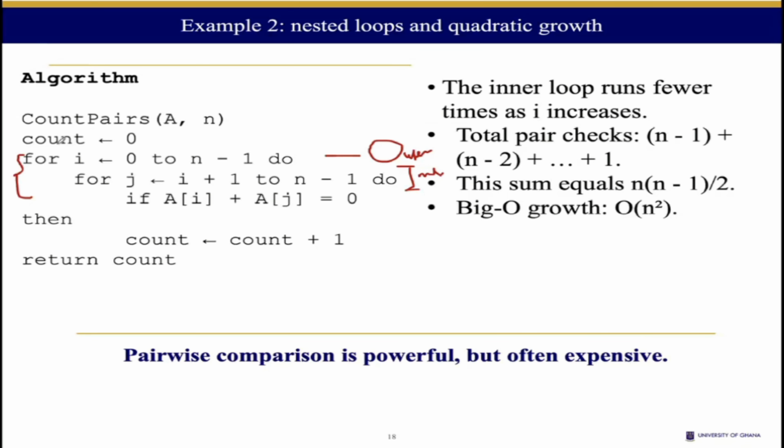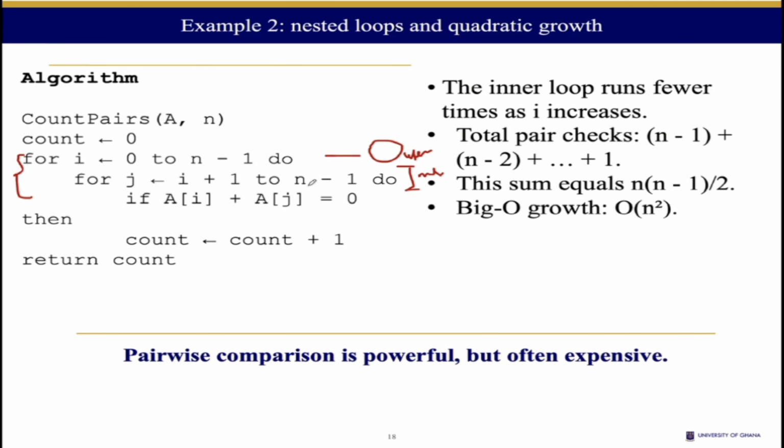We assign 0 to count, and our first loop runs from 0 to n minus 1. Then the second loop begins from i plus 1, meaning that when i is 0, j is starting at what? 1.